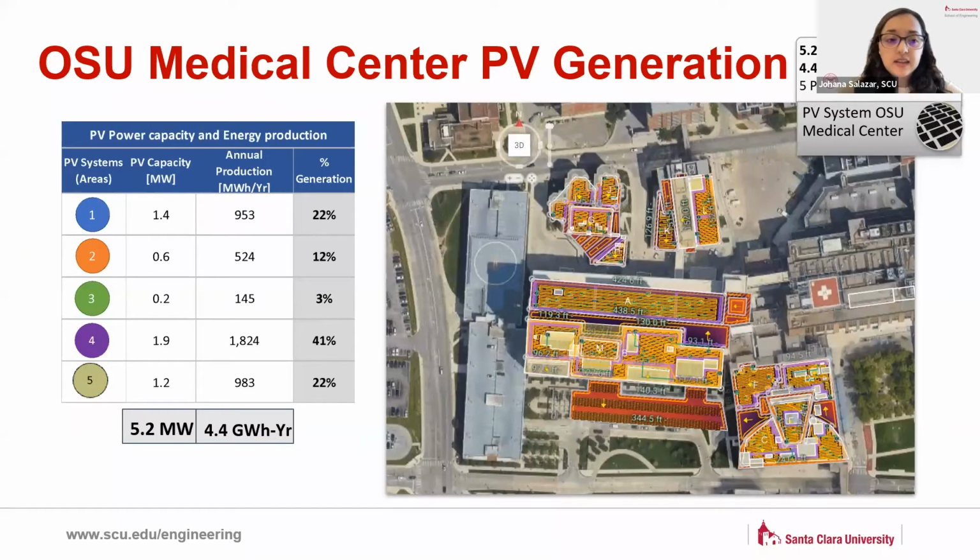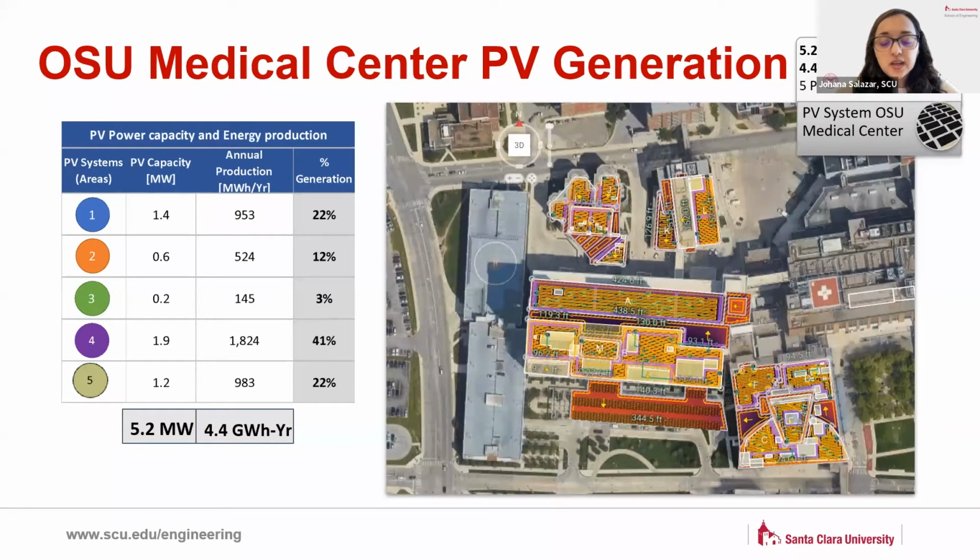Considering the previous considerations, here is a snapshot of one of our designs, which is area number 1. In this area, we located the critical loads of the Ohio State campus, which are the Wexner Center and the James Cancer Institute as well. We used the Aurora software for the deployment of all of our systems.